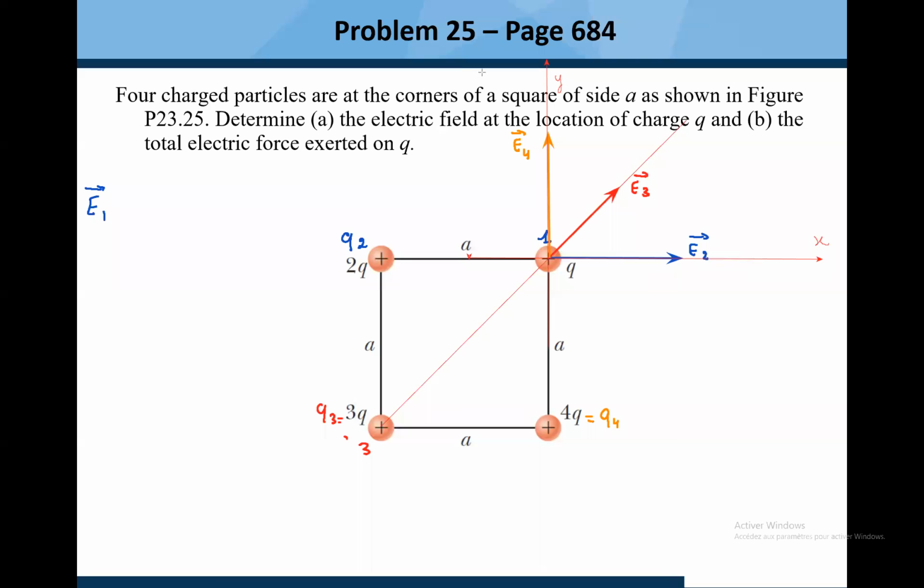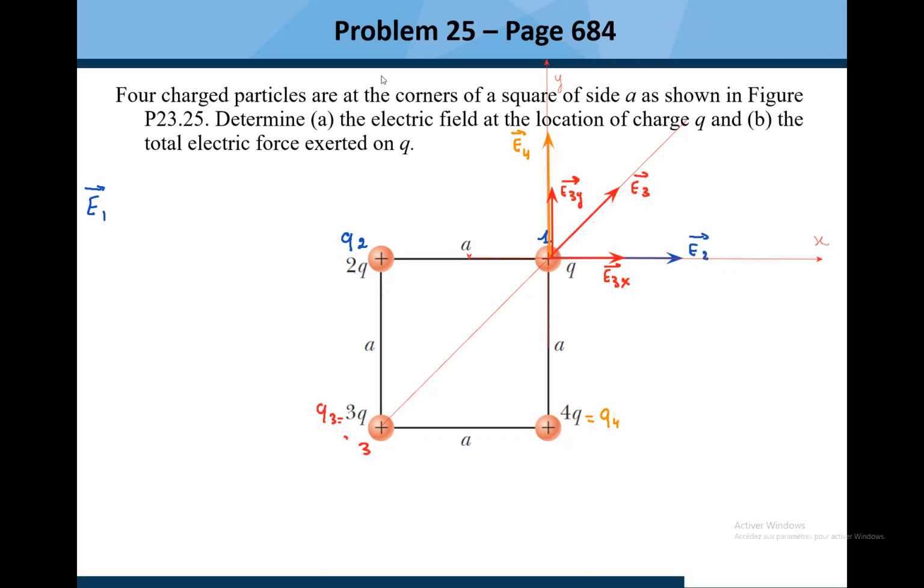We have only E3, which has two components. So here we have E3x, and here we have E3y.